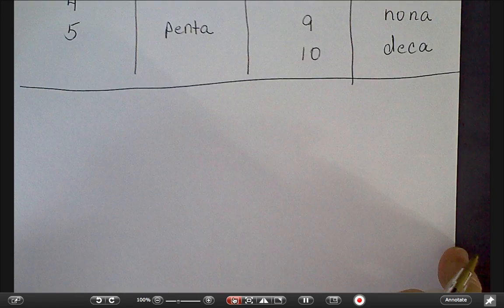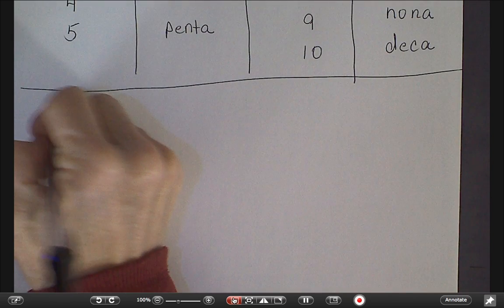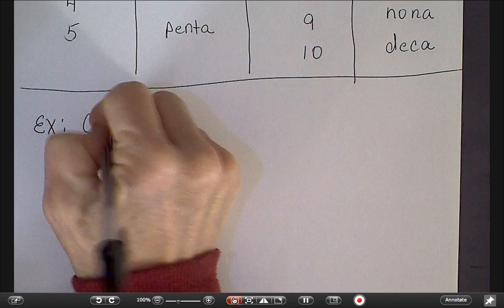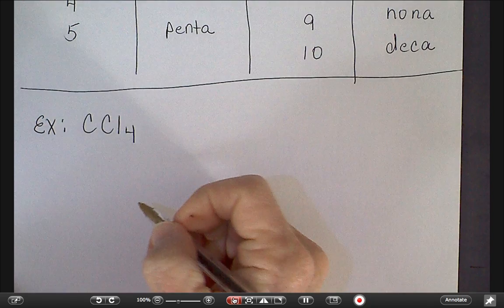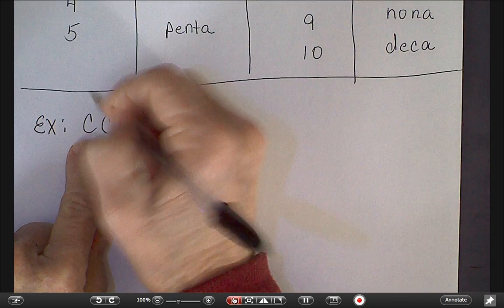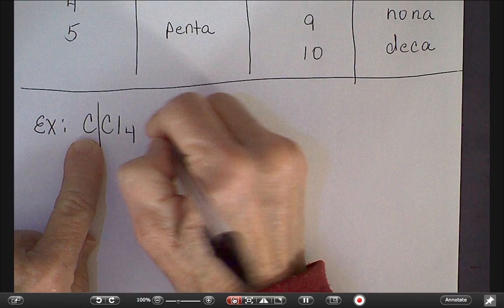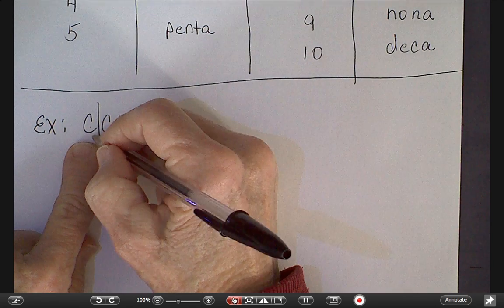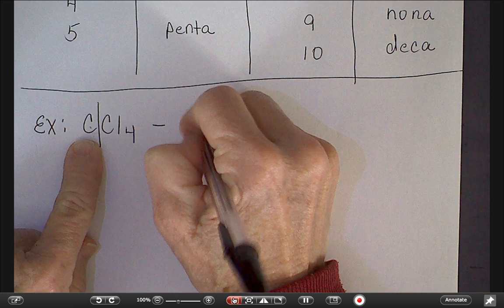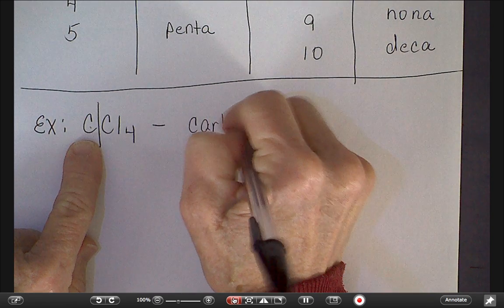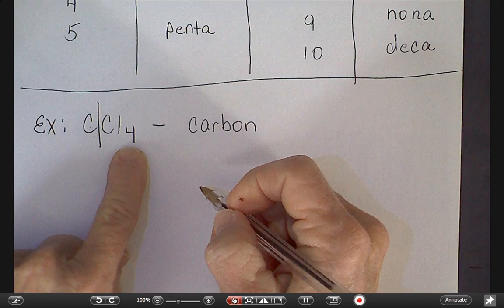Alright. Example. CCl4. Binary. Who is C? Carbon. Okay, remember the first name, single, never gets mono. So its first name is carbon. Look at your prefix.